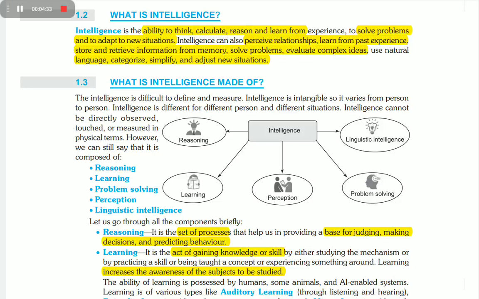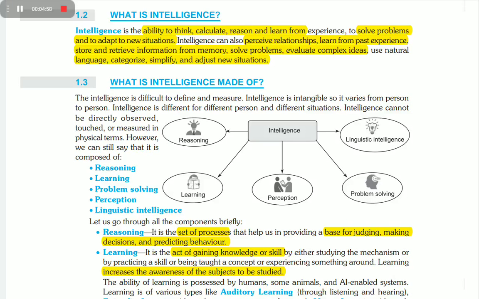Then solve problems and evaluate complex ideas, like Albert Einstein did. He generated the theory of relativity, that is E equals mc squared. Then we categorize the information, simplify the route, and adjust to new situations or new capabilities or new challenges in our life.